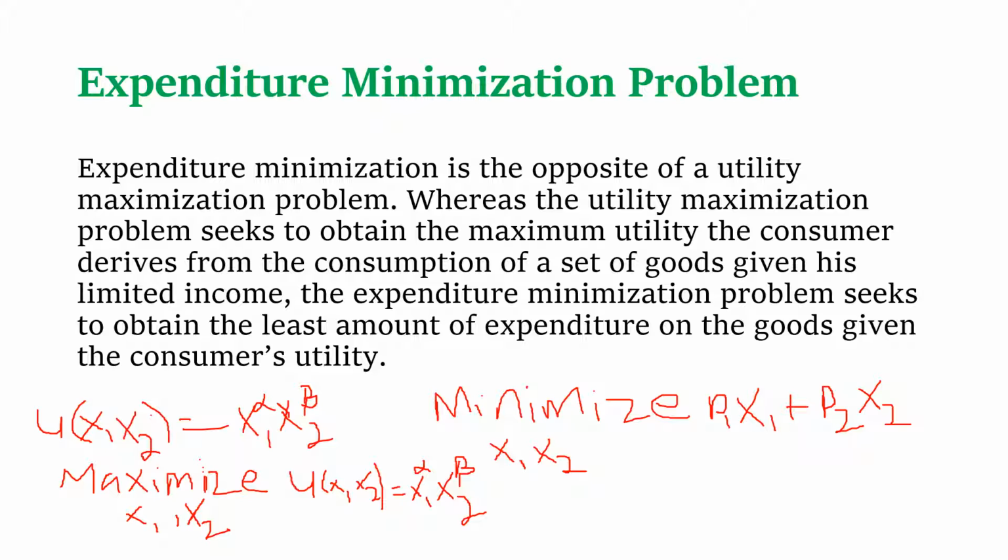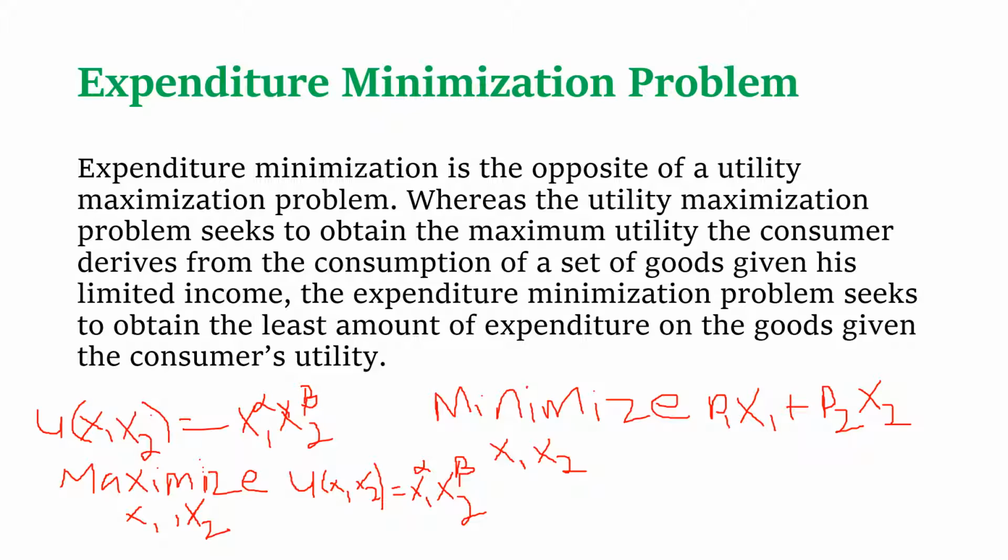You can't live beyond your means. You have to live within your budget. So your budget is given as M. All you spend on the goods has to be restricted to that particular budget. You understand? So that's why we use the less than or equals to sign there.